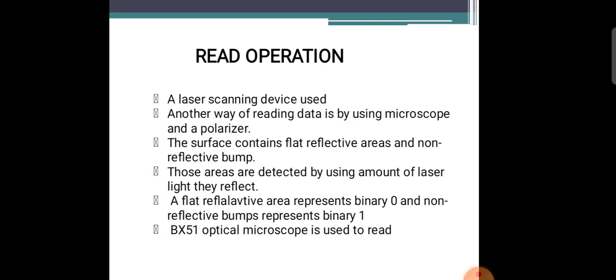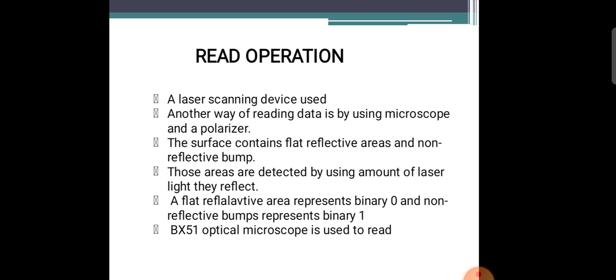Read operation. A laser scanning device is used. Another way of reading data is by using a microscope and a polarizer. The surface contains flat reflective areas and non-reflective bumps.